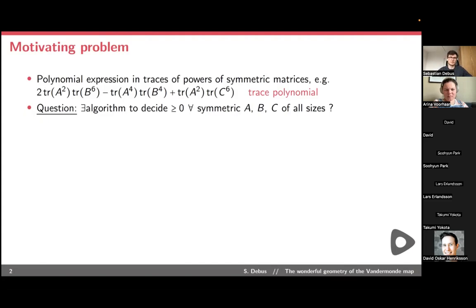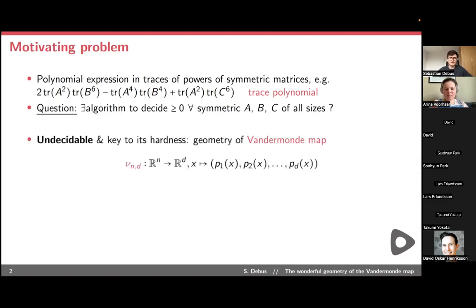And we ask now whether this trace polynomial is non-negative if you insert any sequence of symmetric matrices, and they can have arbitrary sizes. This might sound like an arbitrary question, but this occurs also in real algebraic geometry or non-commutative algebraic geometry, but they usually allow trace of A times trace of B times B. And what we show is that this decision problem is undecidable, and the key to the hardness lies really in this Vandermonde map.